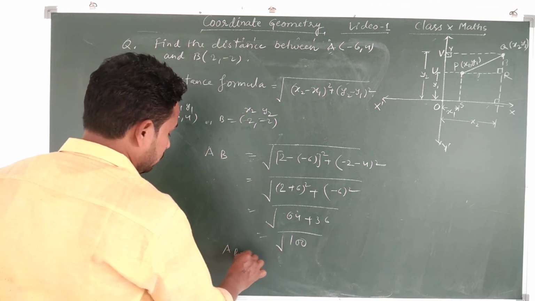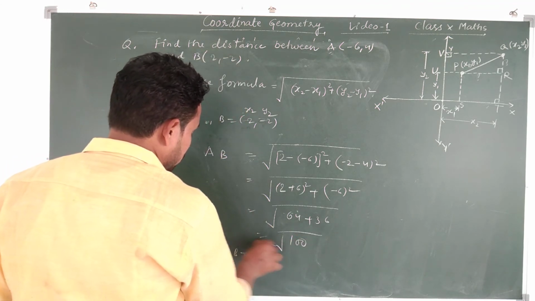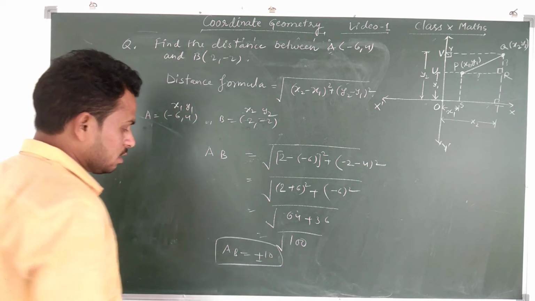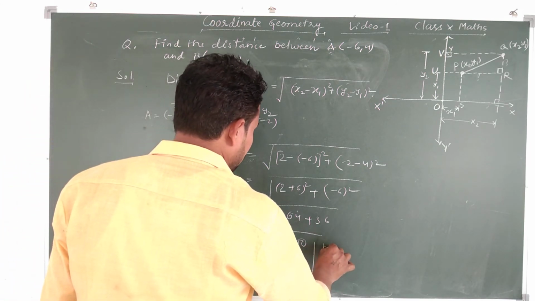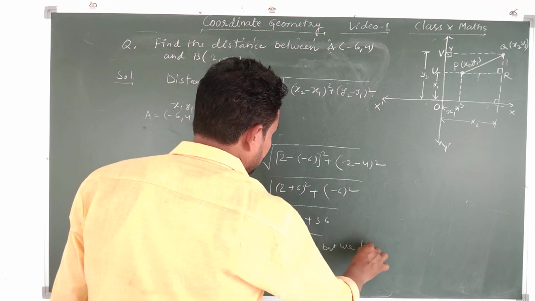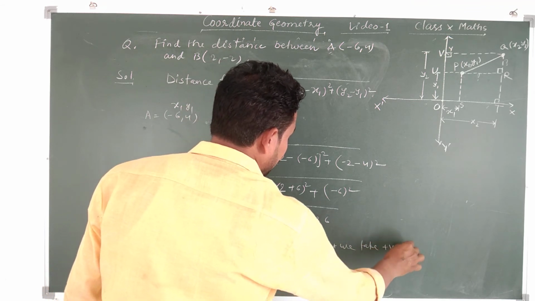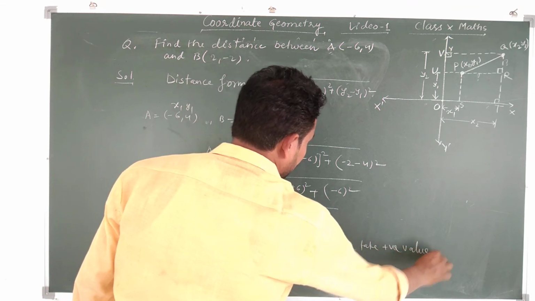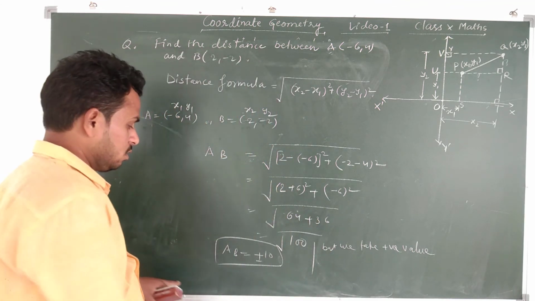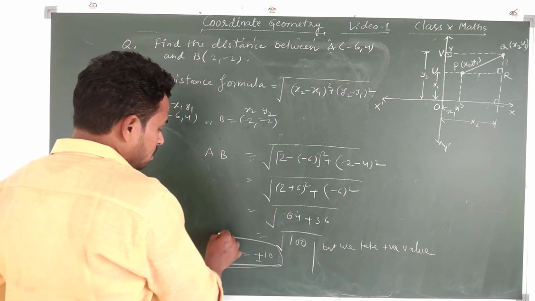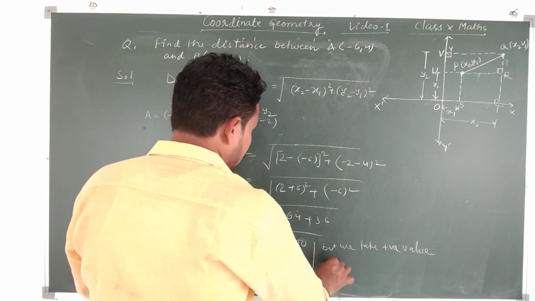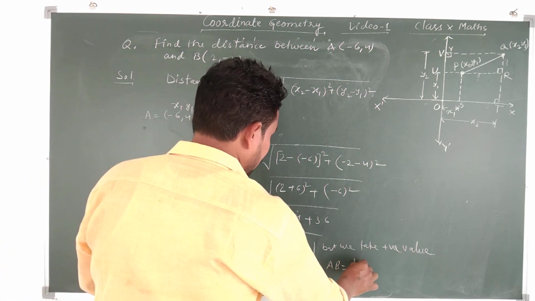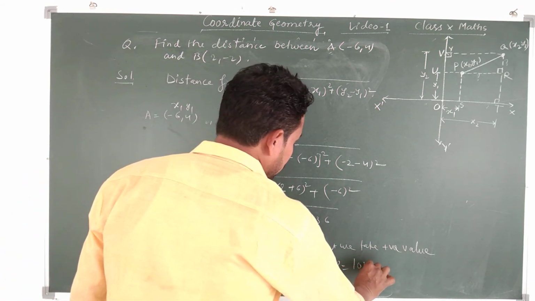AB is plus or minus 10, but we take the positive value, because distance is never negative. So AB is 10 units.